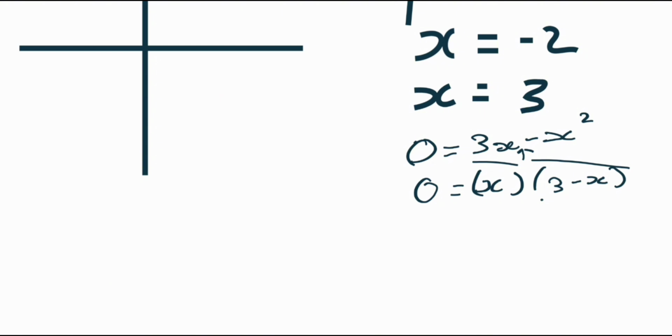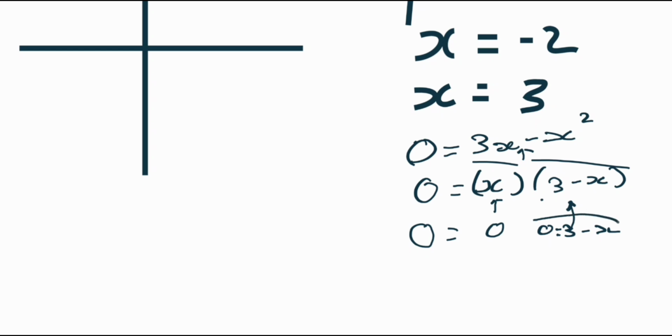Okay, if we set both of the things inside the brackets to 0, we get x equals 0, but we also get this: 0 equals 3 minus x.